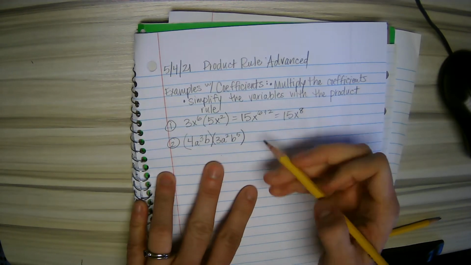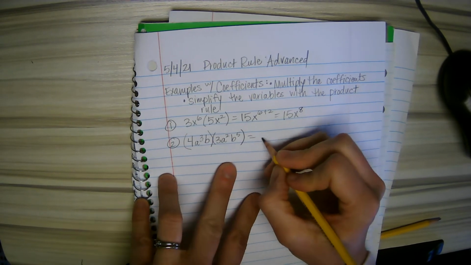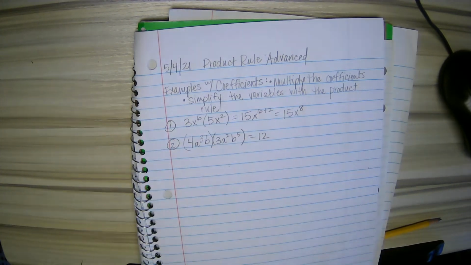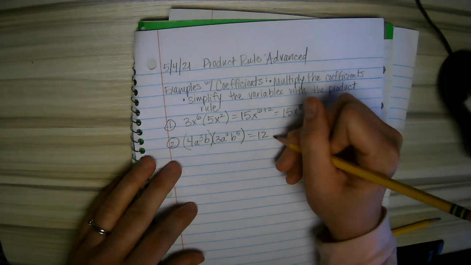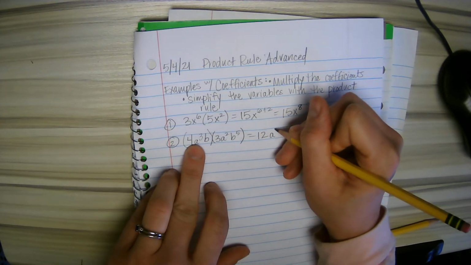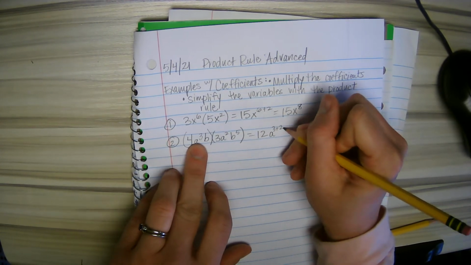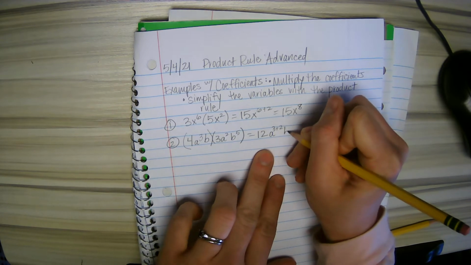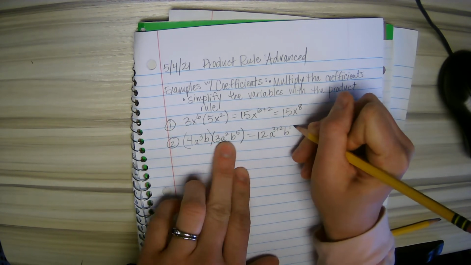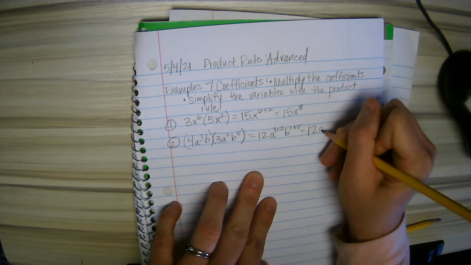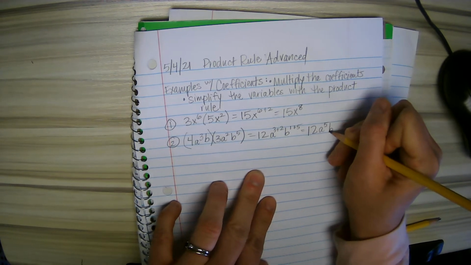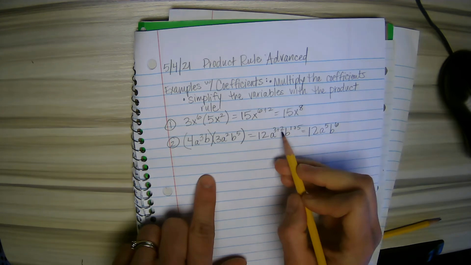So again, we're going to multiply our coefficients. 4 times 3 is 12. Now we can simplify our variables, but we have to simplify them one variable at a time. So we have a, and this would be 3 plus 2. And we have b, which would be just 1 plus 5. So we would simplify this as 12, a to the 5th, b to the 6th. See how I'm just adding here?